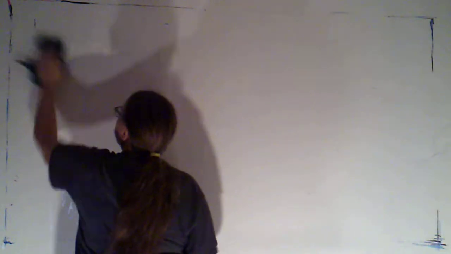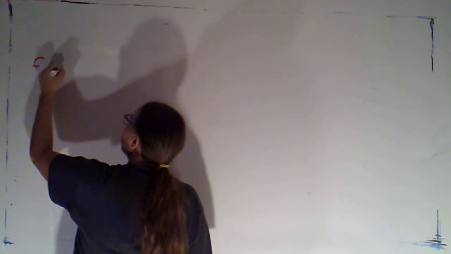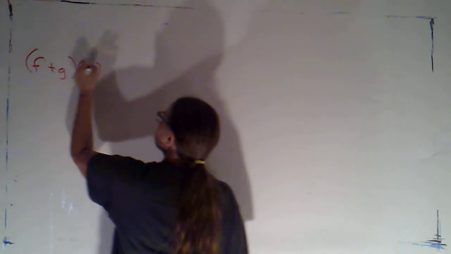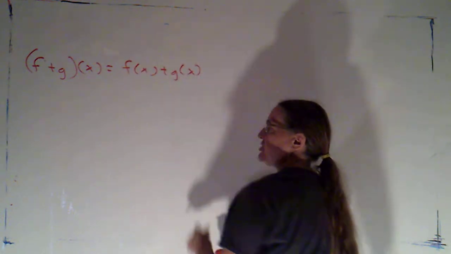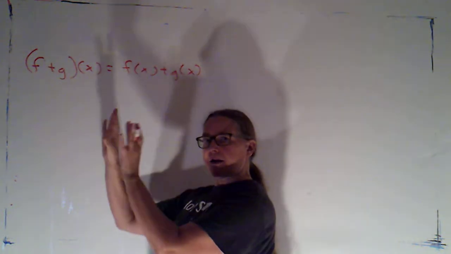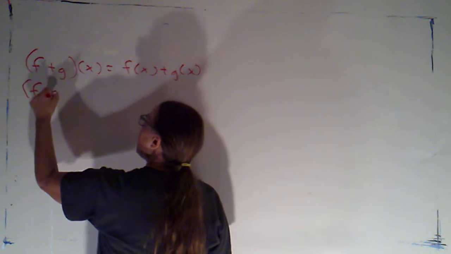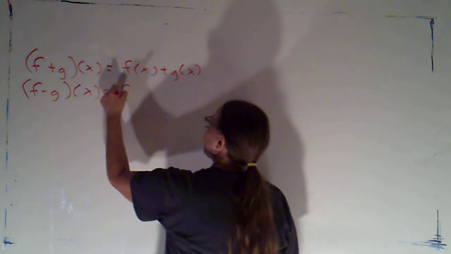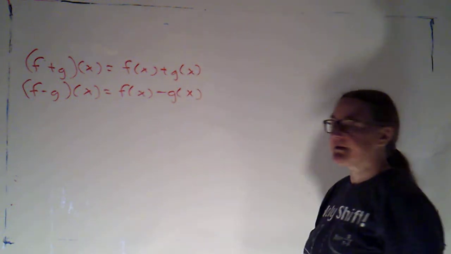Okay, so let's go ahead and just write down the names of the new functions that we can build, because some of this is just getting used to the notation. We've just said that f plus g of x, I would evaluate as f of x plus g of x. They mean the same thing, but this is the new name if I want to write this as just one function. Similarly, I could say f minus g of x would just be f of x minus g of x.